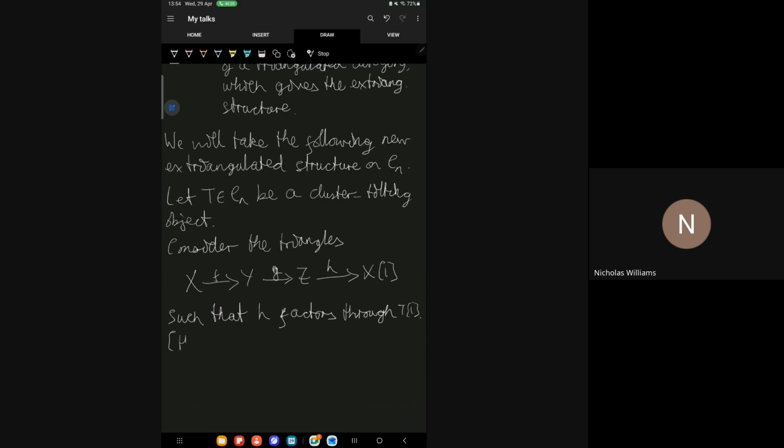So this is an example of a relative extriangulated structure due to Hershey, Liu and Nakaoka, and it first appeared in the work of Padrol, Palu, Pilaud and Plamondon.